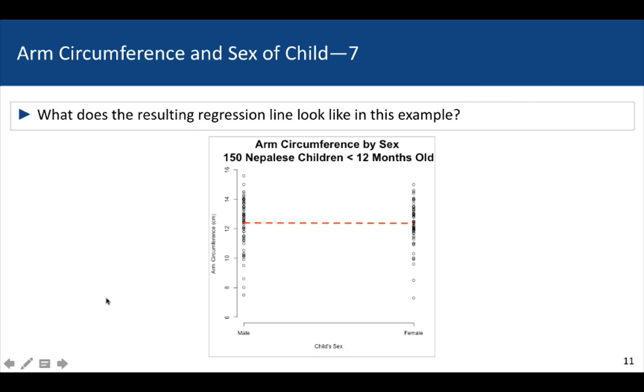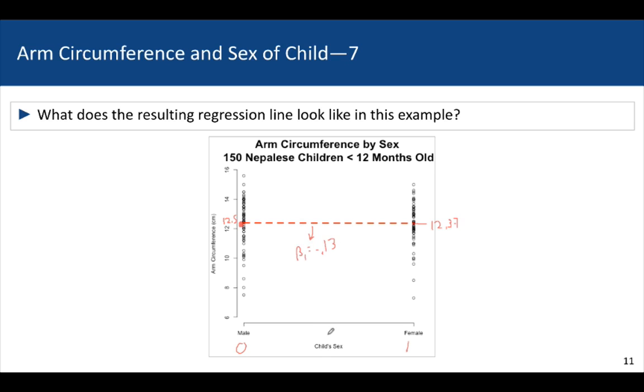Well, if we were to put it on a graphic like this, such that our x-axis was a 0 for males and a 1 for females, the y-intercept for this line here is the mean for males, which is 12.5. This is the mean for females here, which is 12.37. The slope of this line is very hard to see, but there's a slight negative slope, and the slope of this line is negative 0.13.